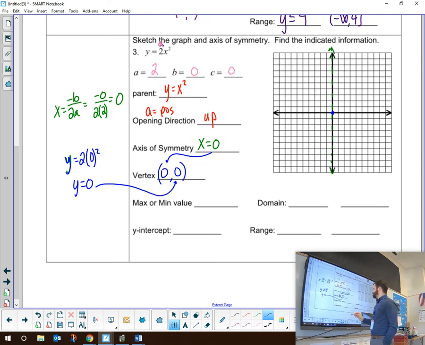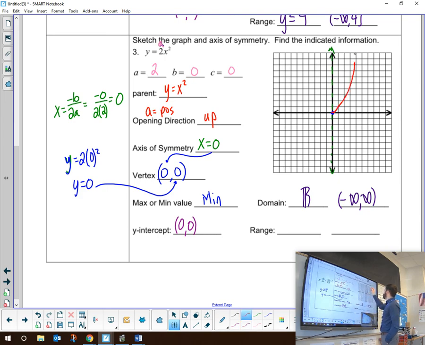We're opening up, so we're going to have a minimum value. My y-intercept is just going to be (0, 0). We can see that on the graph, but also my c is 0. My domain, all real numbers, negative infinity to infinity, as always, because, look at my graph.